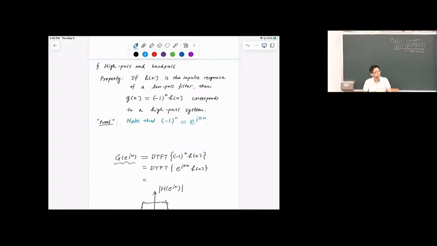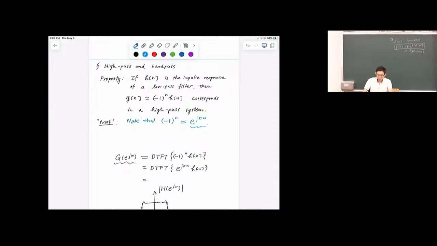So this is a signal at frequency pi. And we're multiplying our h of n with a complex exponential function. So immediately we can apply the modulation theorem, which means that when we multiply in the time domain, the result is a shift in the frequency domain.